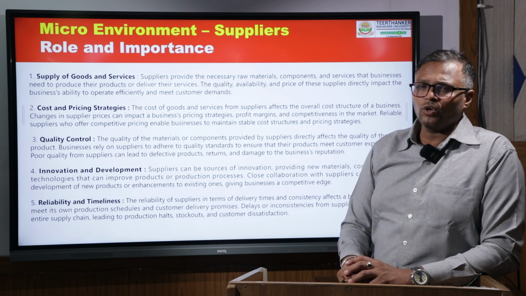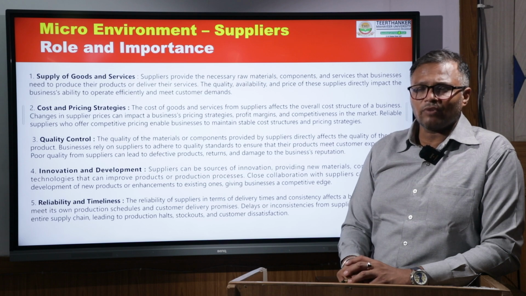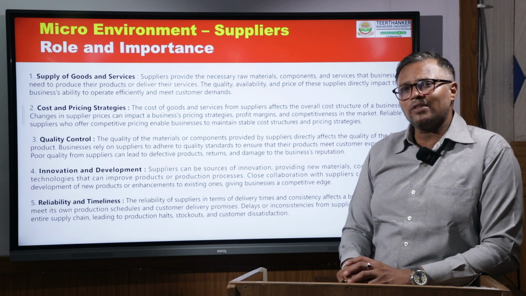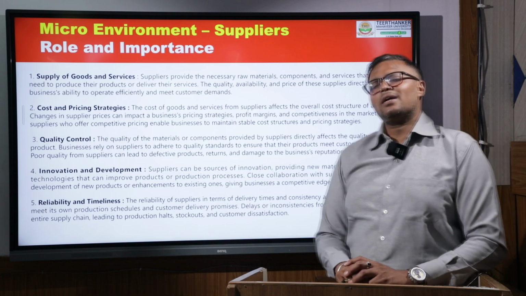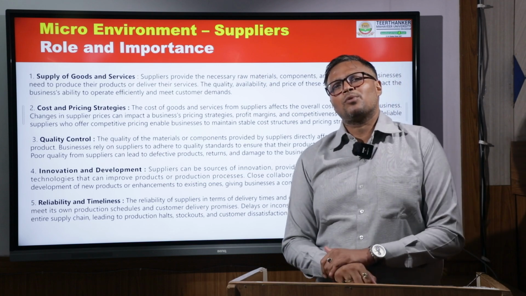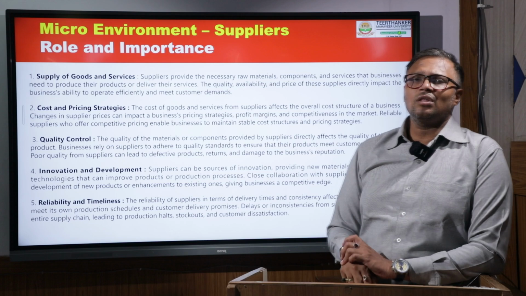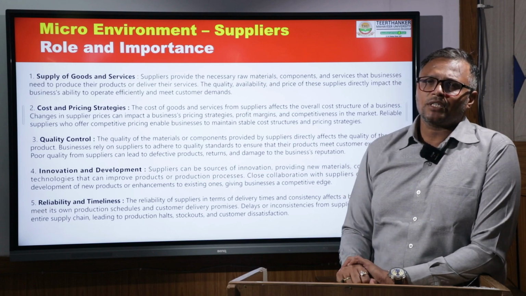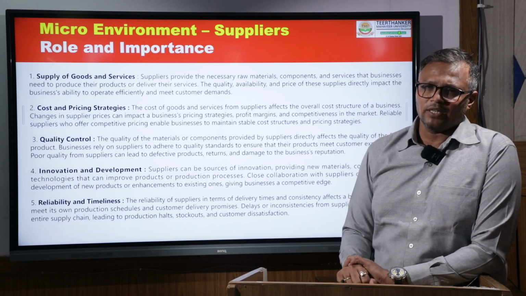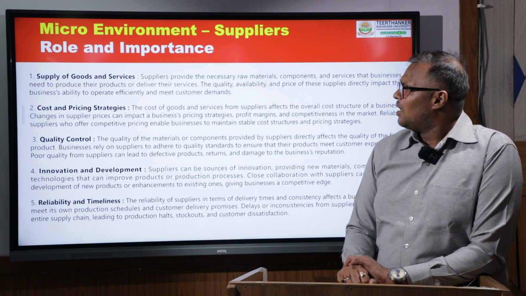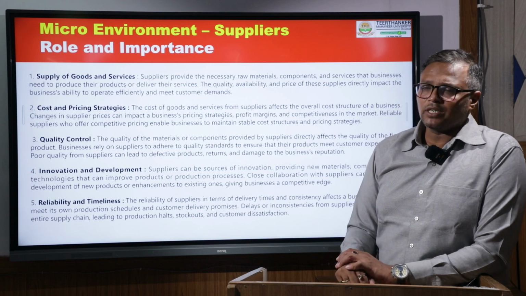See, the suppliers are those people who supply the raw materials, unfinished goods, or even the intermediate goods, or anything which helps the company to produce or to trade. These suppliers can control the organizational day-to-day processes in the following ways. The first way is by impacting the supply of goods and services.